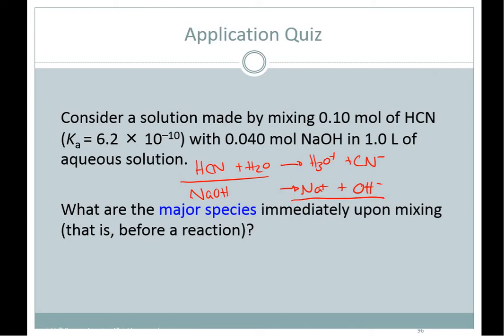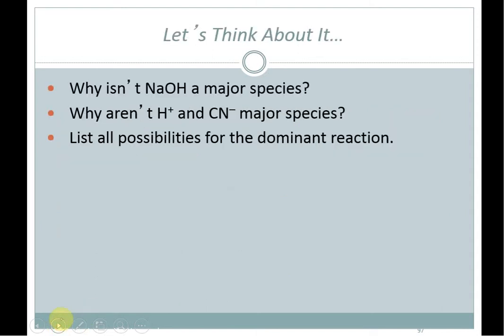And we can really talk about the major species. And it's all based off those K values. A strong base completely ionizes. A weak acid would rather be molecular than ionized. So we know that sodium hydroxide is not a major species because it wants to dissociate.